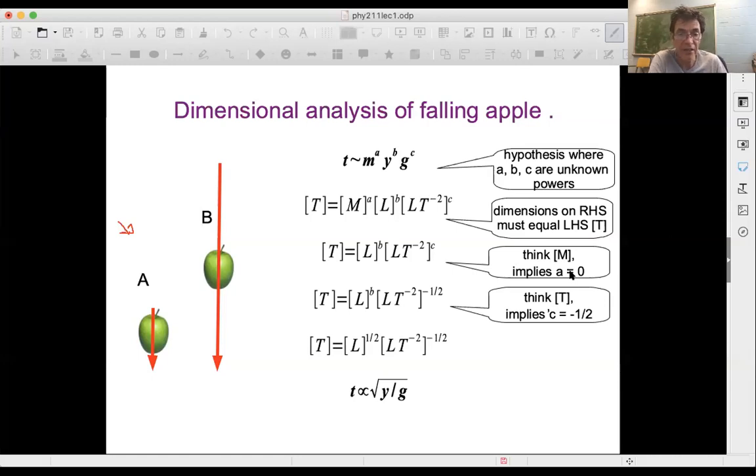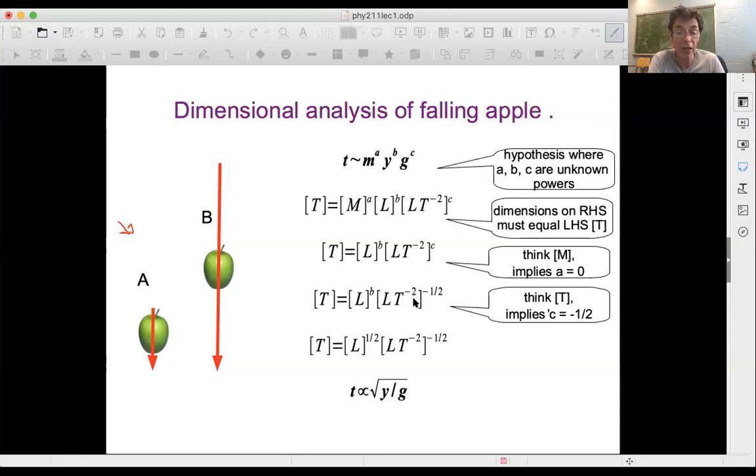I next did a similar thing for time. I said I've got to get dimensions of time over here on the left-hand side. So how must it be that I get dimensions of time out of this expression here? Well, there's no time in the length, but there is a time in acceleration. And acceleration has the dimensions of 1 over time squared.